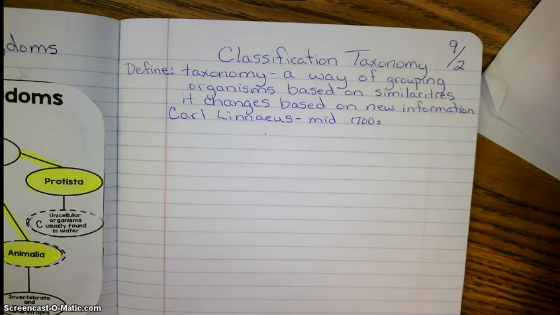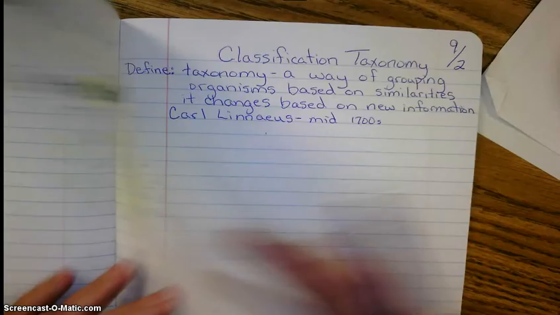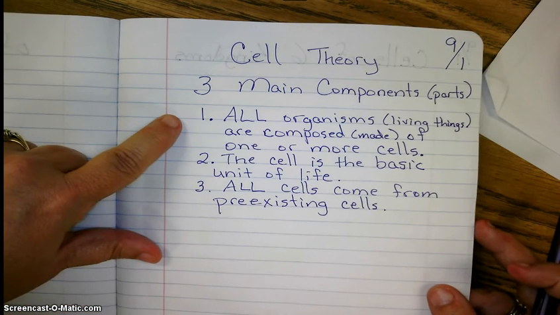And then Schleiden came along and said, hey, you know what, I'm a botanist, I look at plants all day, and all these plants are made of cells, so I think all plants are made of cells. And so they came up with the idea that all living things, or all organisms, must be made of cells.